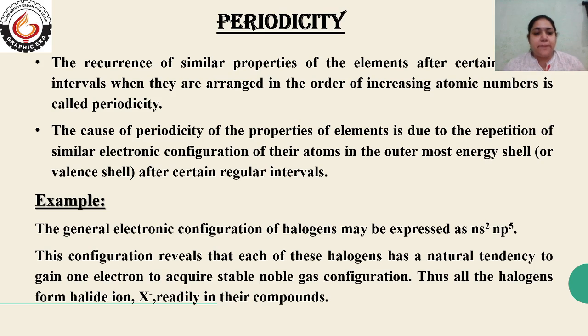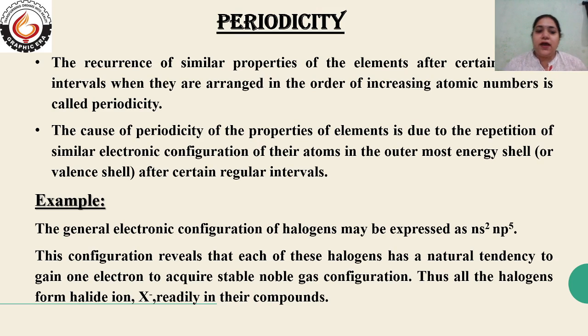For example, the general electronic configuration of halogens is expressed as ns2 np5. That means the outermost shell has 7 electrons. This configuration reveals that each halogen has a natural tendency to gain 1 electron to acquire the stable noble gas configuration, because it is 2 plus 5, 7. So if it gains 1 electron, it will acquire the stable noble gas configuration.